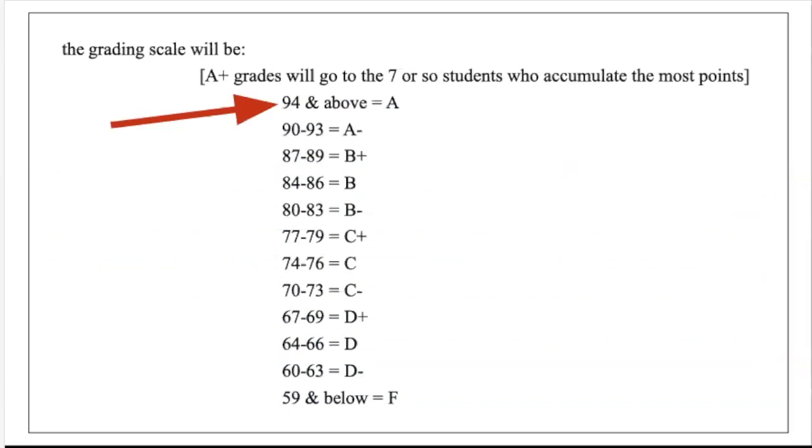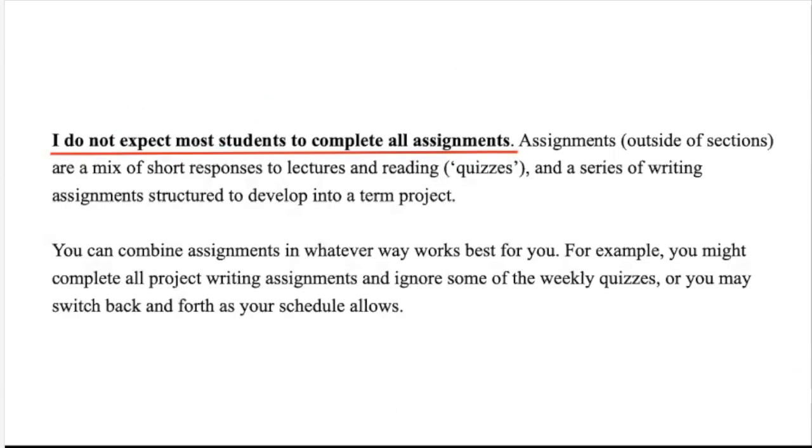I've put my grading scale in the syllabus under course structure, and I'm putting it here so that you have a couple of ways to find it when you want it. Please note now that the minimum number of points that you need for an A is 94. I do not expect most students to complete all assignments.